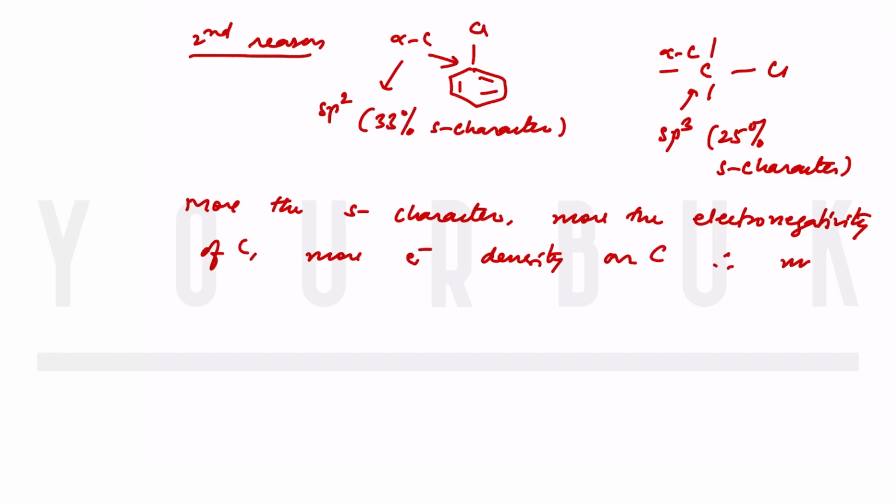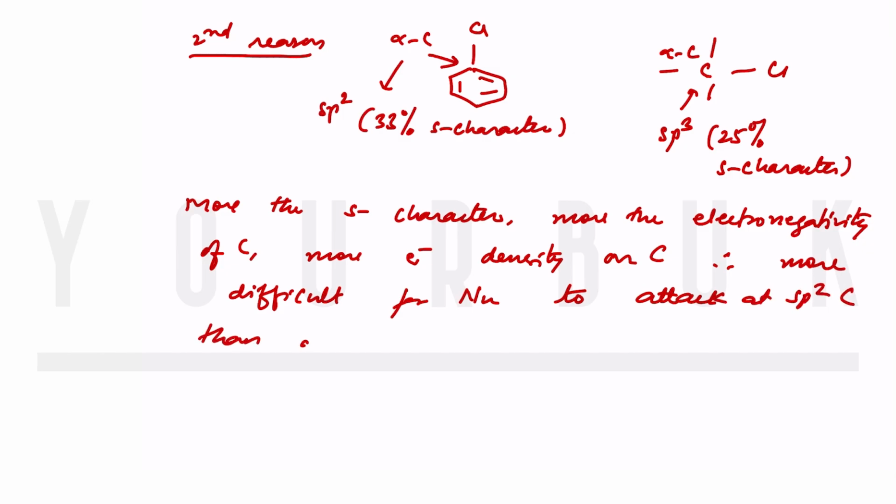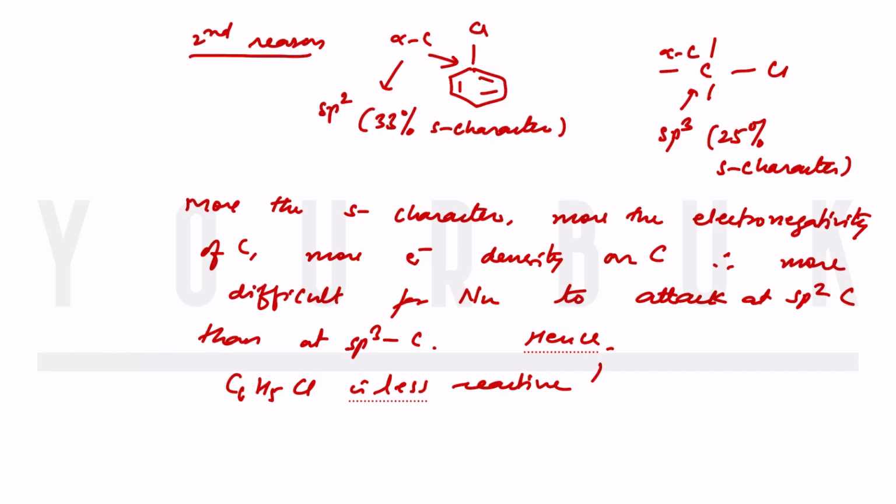So therefore, it is more difficult for a nucleophile to attack at sp2 carbon than at sp3, and hence chlorobenzene is less reactive than chloroalkanes towards nucleophilic substitution reactions.